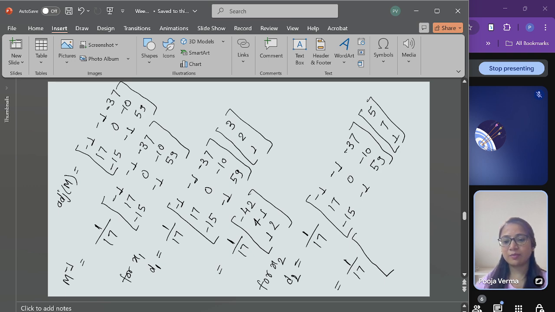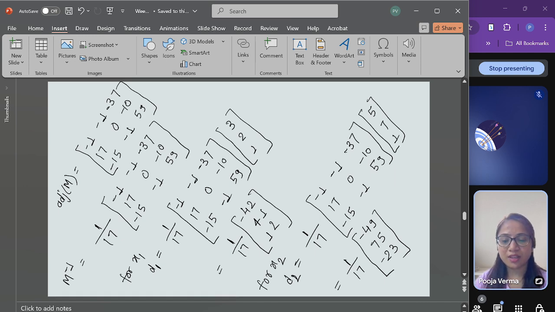Can you add and let me know what the values will be? So you will get the value of D2: minus 49 here, then 75, minus 23, right? Are you getting this question? There are so many calculations.